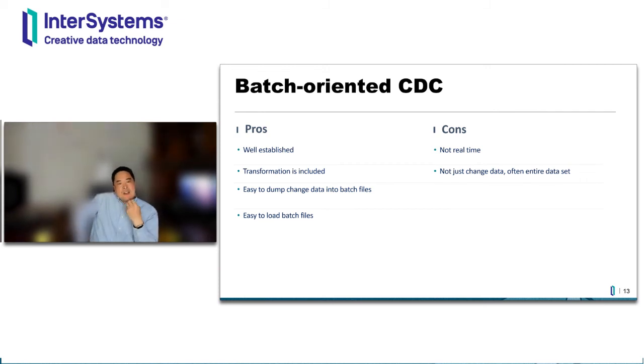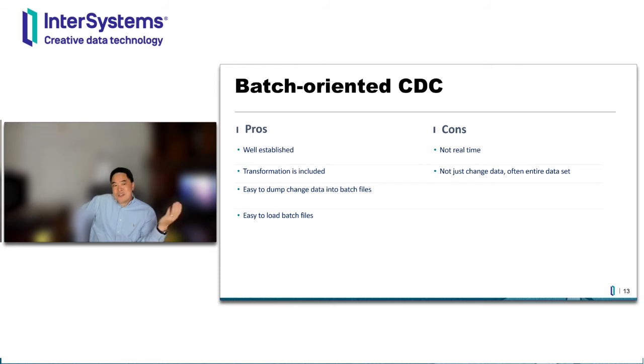So now let's take a look at the pros and cons of the batch-oriented CDCs. The pros: it's well established, and typically you can do transformations in your batch load, and it's very easy to dump your change data into your batch file.